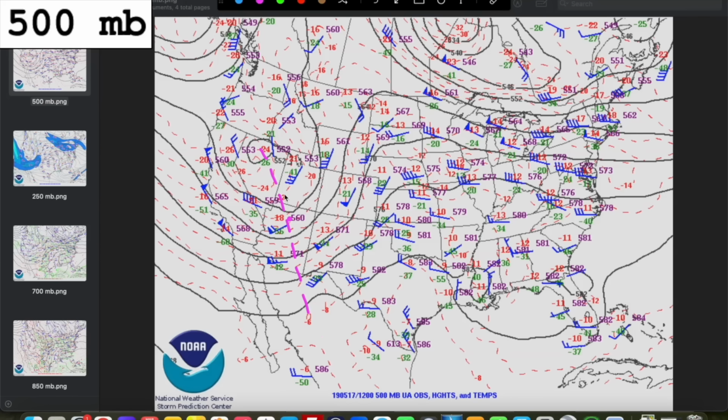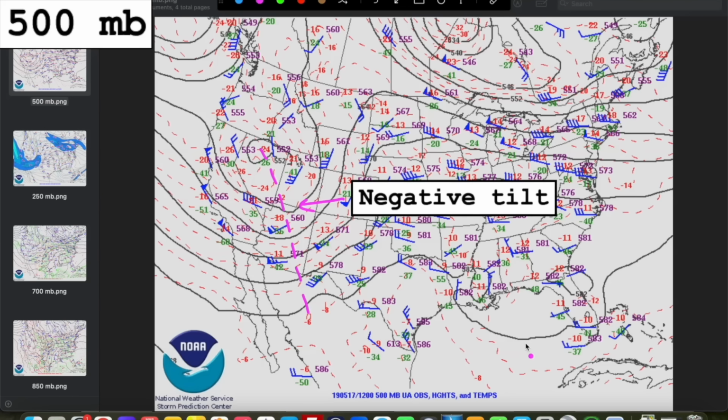When this axis is tilted back to the left, like it is here, this is called a negatively tilted trough. Negatively tilted troughs tend to produce a more intense low-level response, which means a more intense surface low or low-level cyclone development. Again, we'll talk about the low levels and the surface in just a bit.